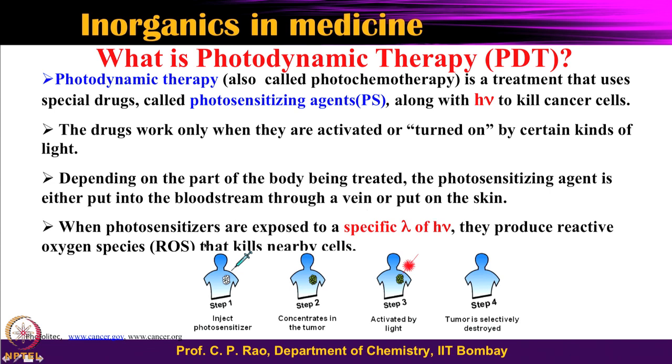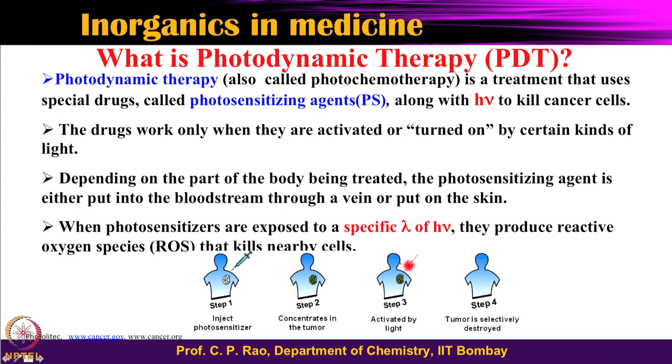When photosensitizers are exposed to a specific wavelength lambda of the light, they produce certain active species. These active species are called reactive oxygen species, and you will see more details in a slide later, the kinds of things like the superoxide radical, hydroxy radicals, oxo species.